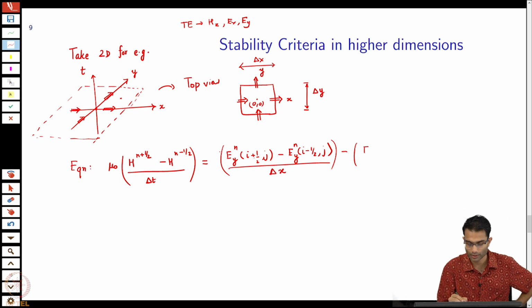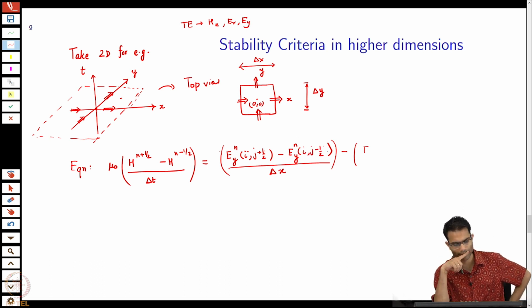So this should be, and we have to rewrite this whole thing. Yeah, so this should be I comma j plus half, right? Is this right? And I comma j minus half. Does that look right?